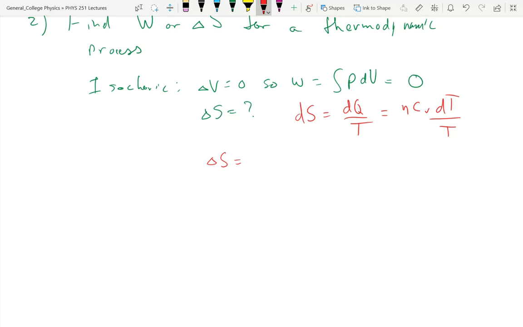From dS, how do I find change in entropy? dS is an infinitesimal change in entropy. How do I find a finite change in entropy? Integrate, that's right.